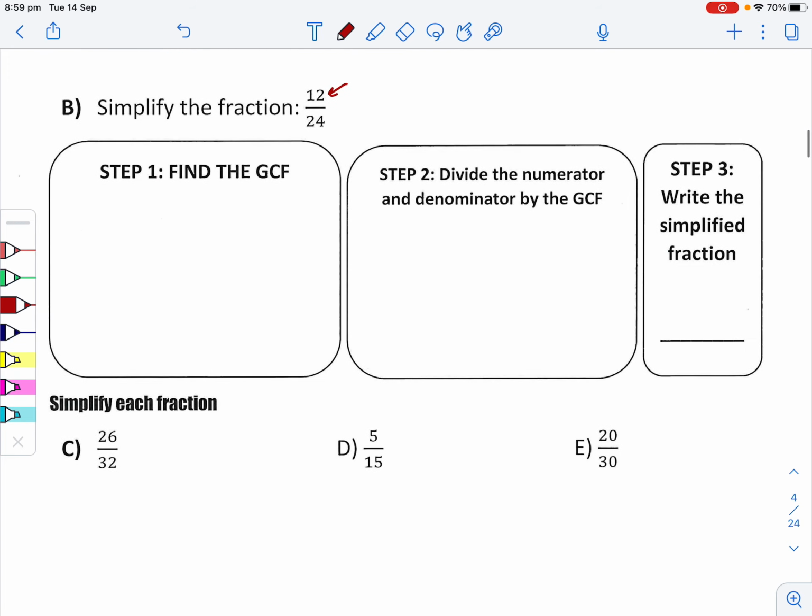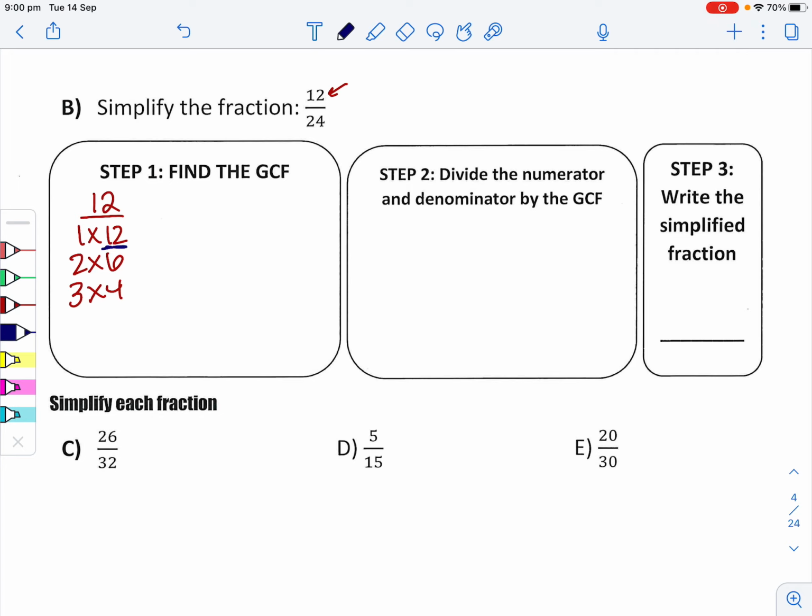Part B is another example. So it says simplify the fraction 12 over 24. Again, instead of just being listed as two numbers, it's just listed as a fraction. We're still going to use the smaller number. So I'm going to start with 12. 1 times 12, 2 times 6, and 3 times 4.